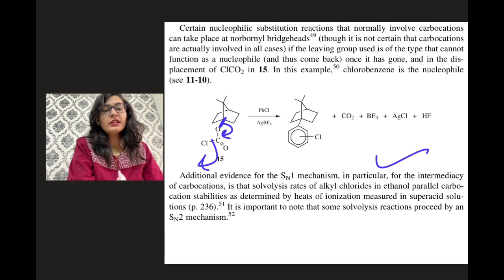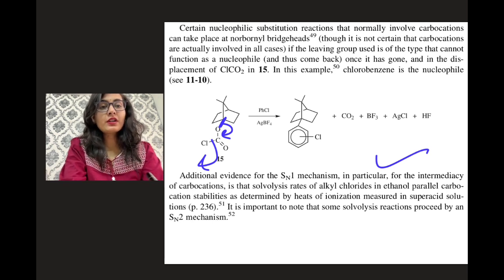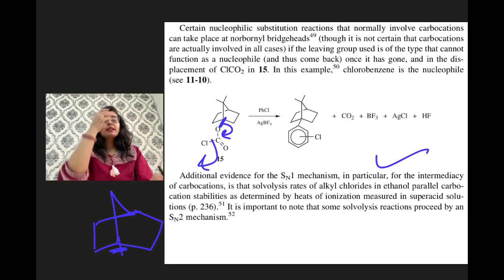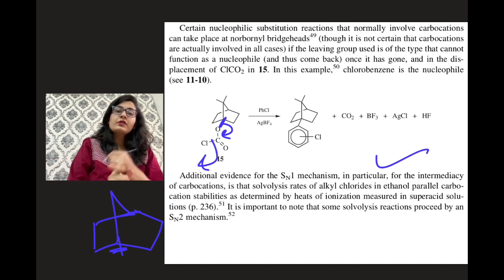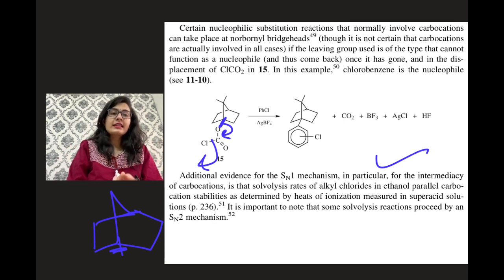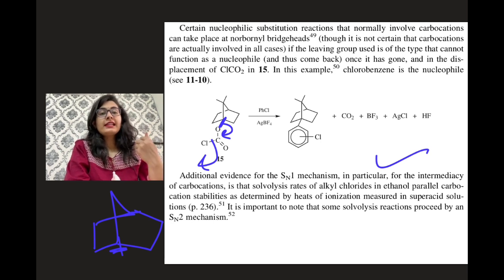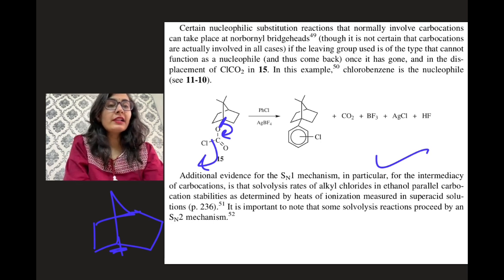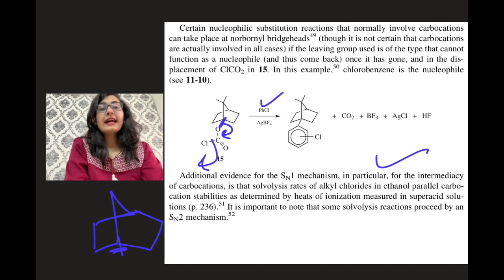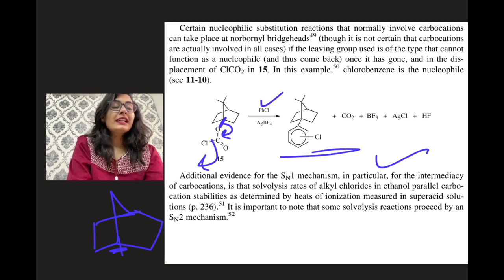It is not impossible, but you have to have a good nucleophile after the reaction. And let's say this is what you are going to get. There is a positive charge on the bridgehead position. Okay, but now the question is, the positively charged bridgehead carbocation is so very unstable that it is going to take the readily available nucleophile, which is PhCl, that is chlorobenzene, which is a poor nucleophile actually, but it is also going to behave as a nucleophile because of the deficiency.